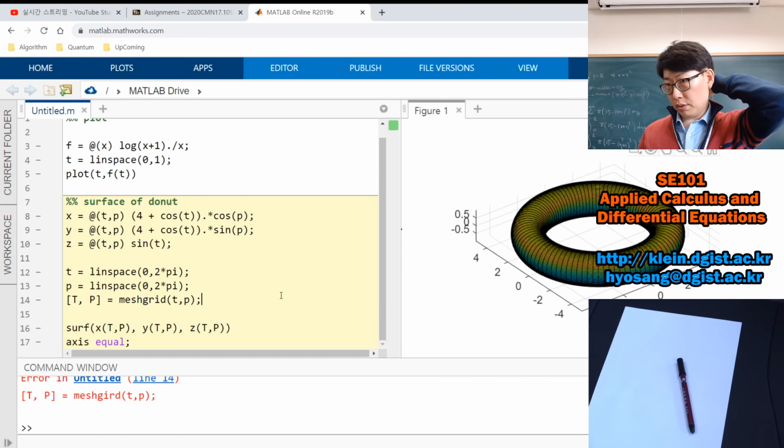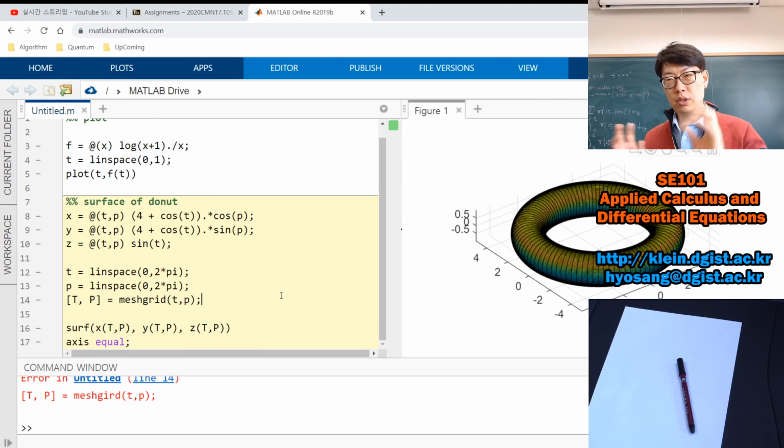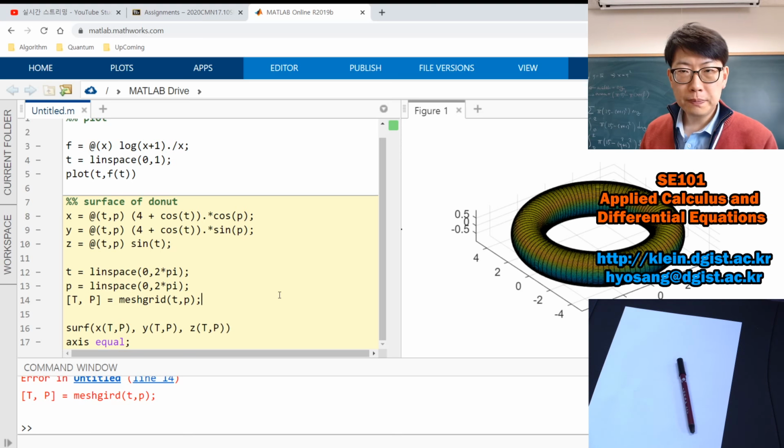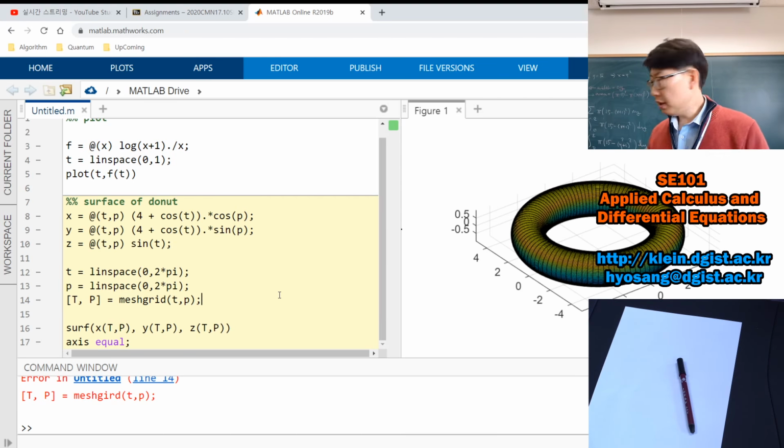How you do that is to set two parameters which determine the point on the surface. And in this example, we had t for measuring the meridian and the other for the longitude. So let me draw a picture here.